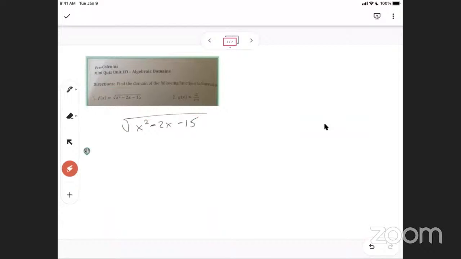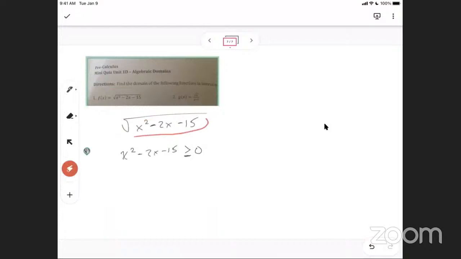So there's a couple ways you can think of this problem. There's a couple ways that I've seen it taught. I prefer to do it in 2 dimensions, but you can also do it in 1 dimension. What you can do is you can just write out the equation. X squared minus 2x minus 15 has to be greater than or equal to 0.